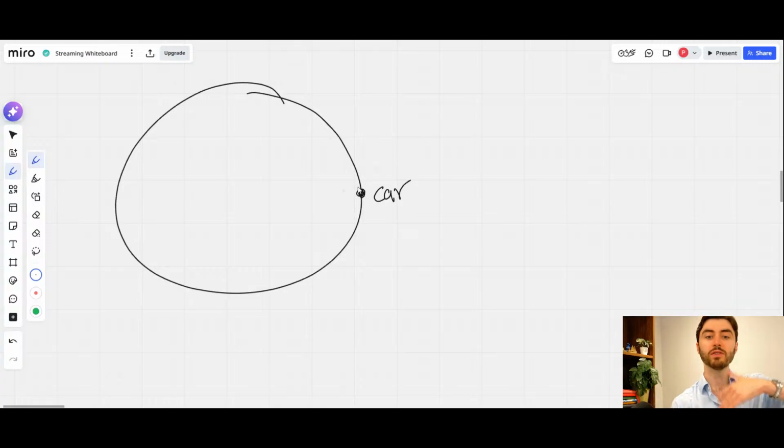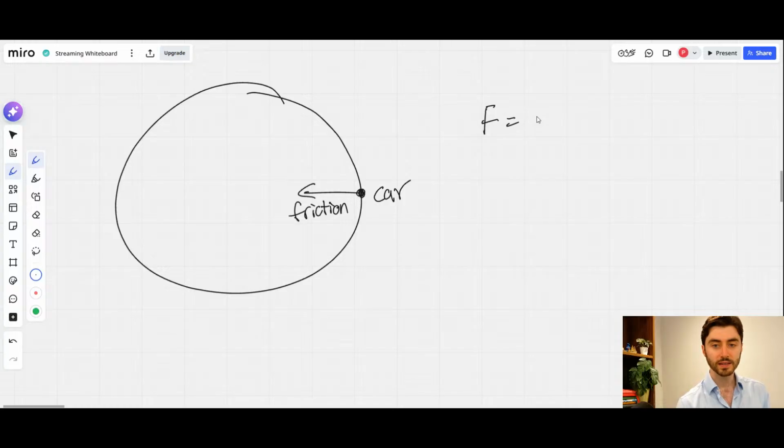You would have a driving force operating forwards, but the force acting towards the center would be the friction. And that would be the only force acting towards the center. So in this case, when we're considering F equals mv squared over r, this resultant force will be the friction.